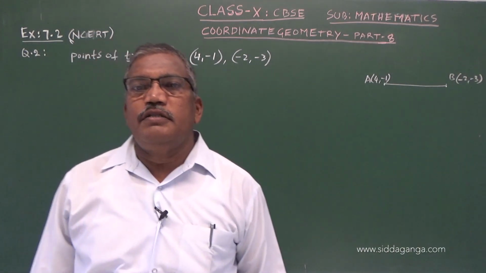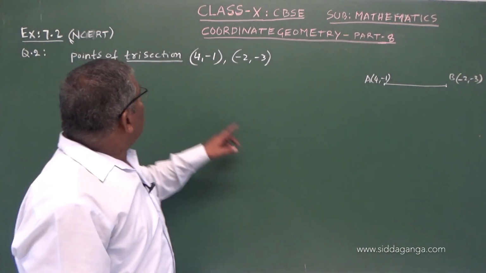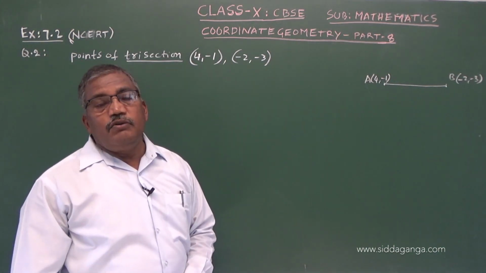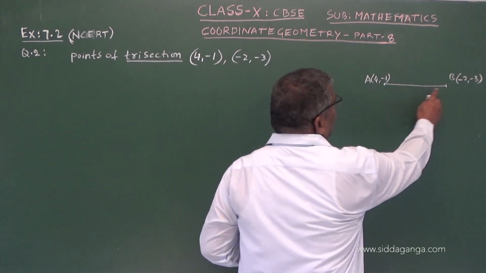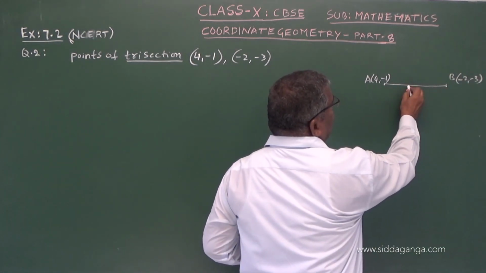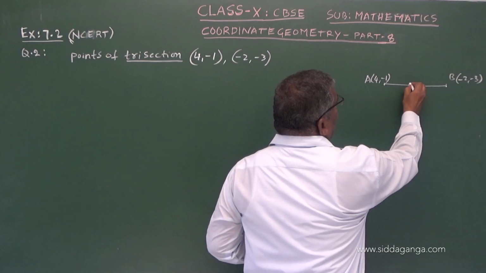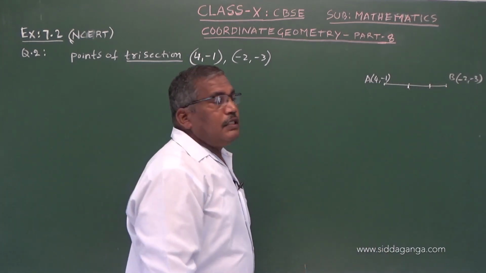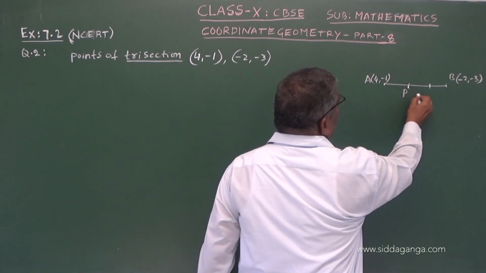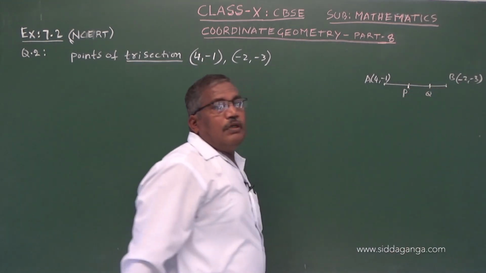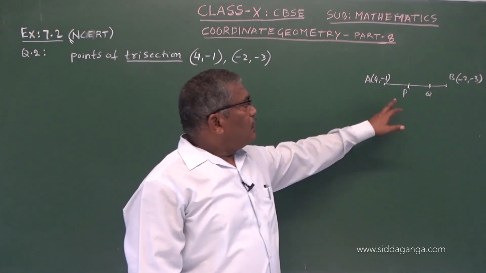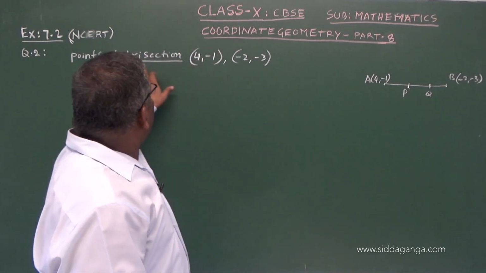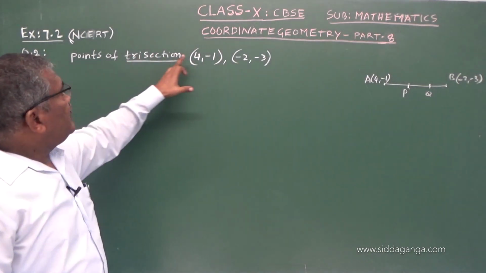Point of trisection means this line is divided into 3 equal parts. To divide this line into 3 equal parts, we need 2 points. Let us call them P and Q. Now our job is to find out the coordinates of these 2 points.